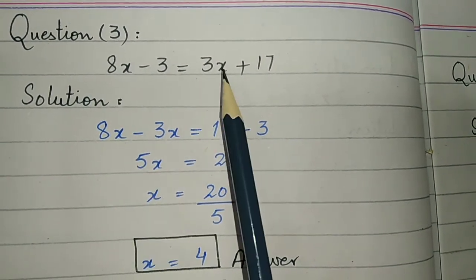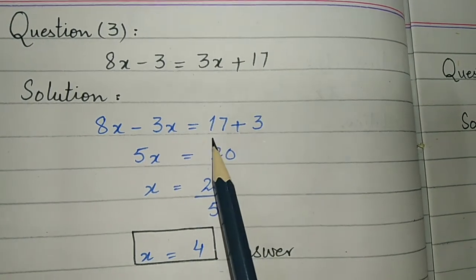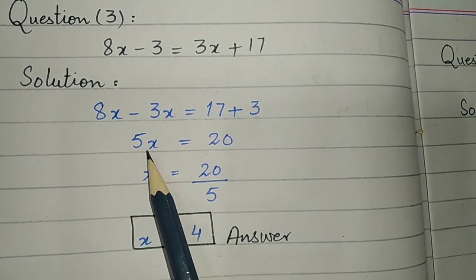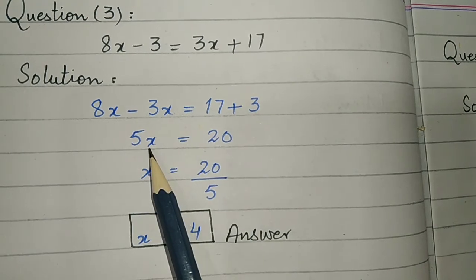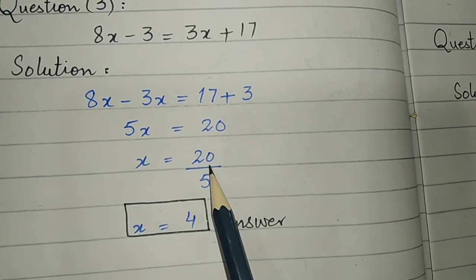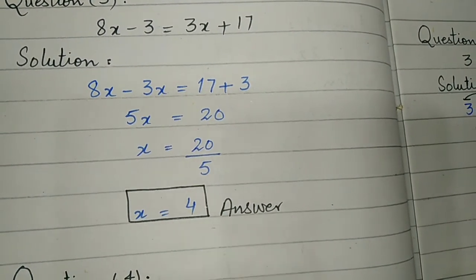So 8x, this 3x will become negative 3x on the left hand side, and the 17 will become positive 3. So 8x minus 3x will become 5x, that is equal to 17 plus 3, that is 20. But we have to find the value of x. So 5 is multiplied with x, so it will be divided on the right hand side. Cancel 5 ones, the 5 and 5 fours are 20, and we get x equals 4.